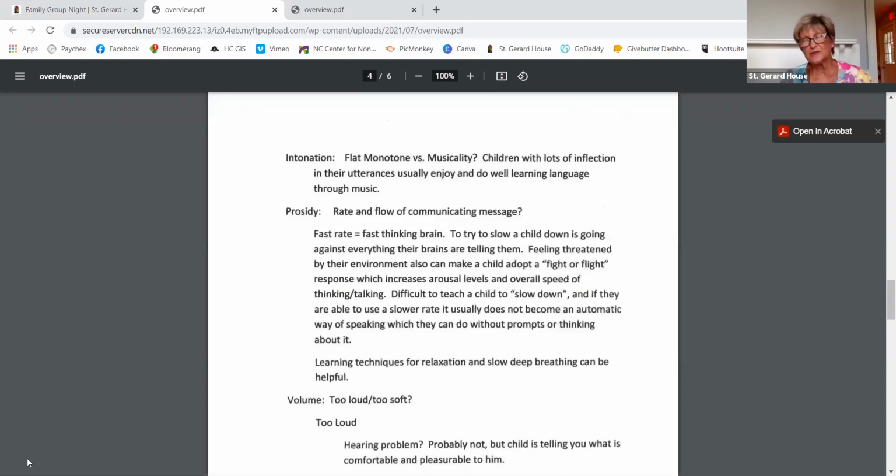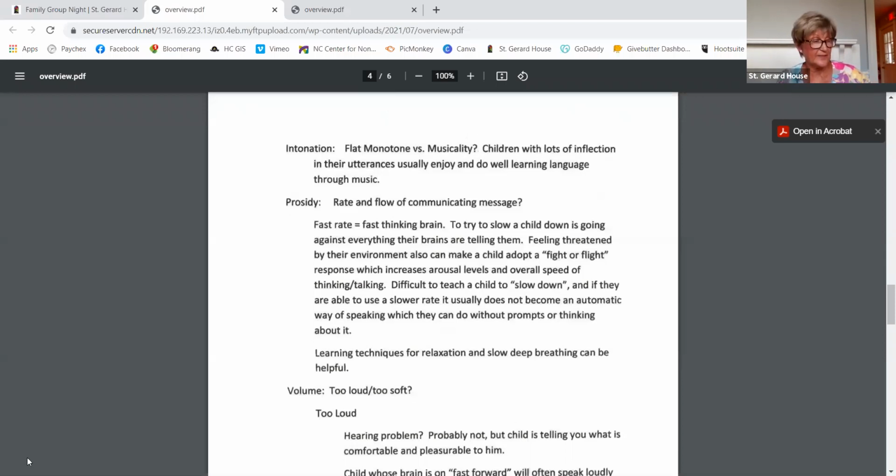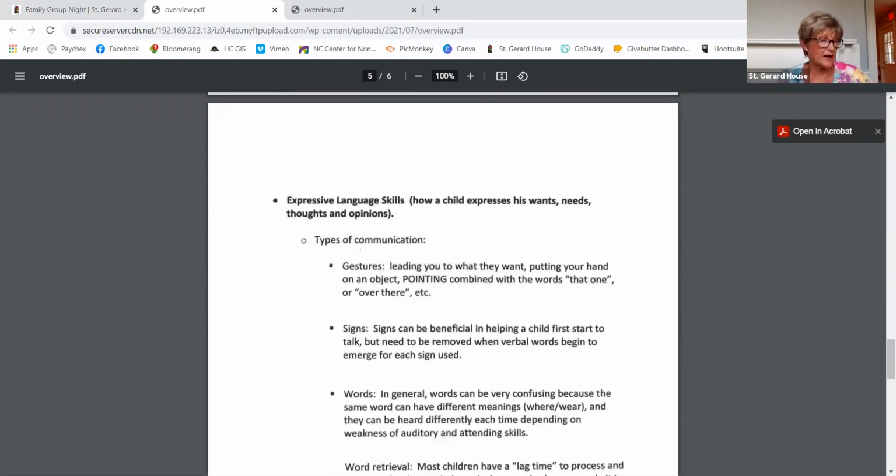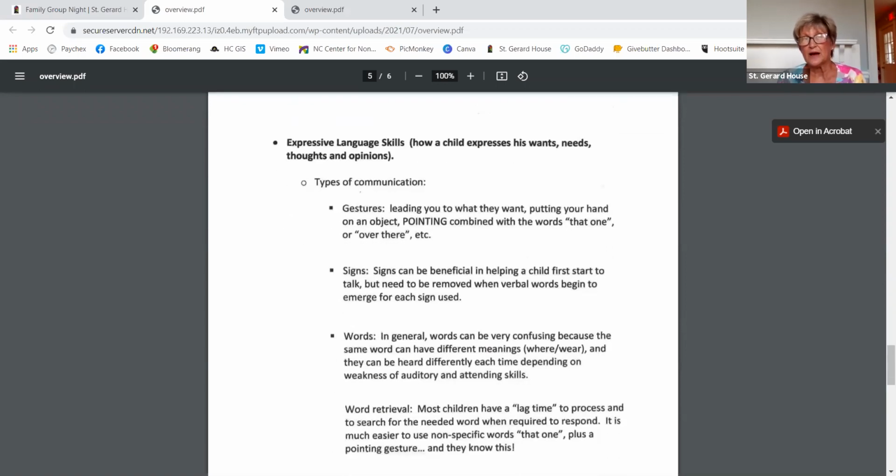There's a lot of different types of communication. Obviously, expressive language skills are very important. And developmentally, most children will learn nouns first, the names of things, and then they will start to learn some verbs.